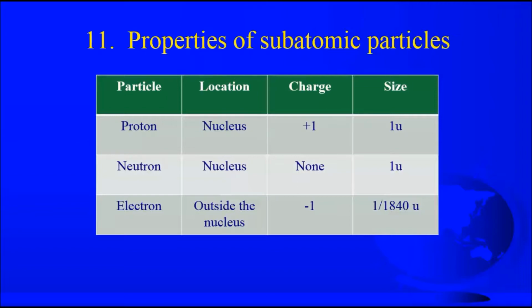They're 1,840th the size of a proton. So roughly for you and me to understand, if a proton is a watermelon, an electron is a gnat. A gnat, right? You probably call them gnats, but there's a G there, gnat.